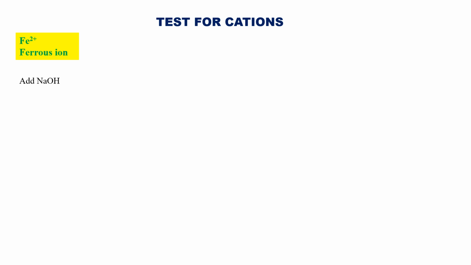So let's see how we are going to add sodium hydroxide as a test reagent to identify the presence of ferrous ion. Since ferrous ion is our unknown solution which contains a positive cation, it will react with a negative anion from the sodium hydroxide to give ferrous hydroxide, which is a green precipitate.